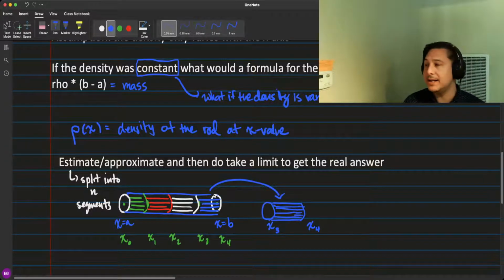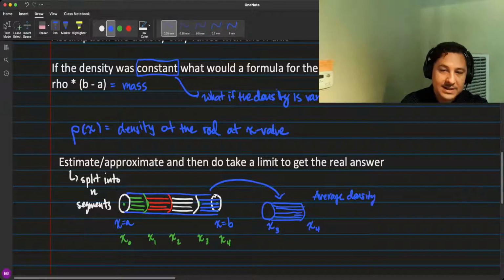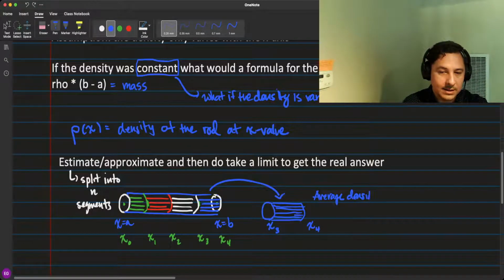Okay, so what is the formula for the average density of this segment? Actually, I'm sorry. Erase. I don't want to say that. We want the mass, right? Yeah, we want a formula for mass.